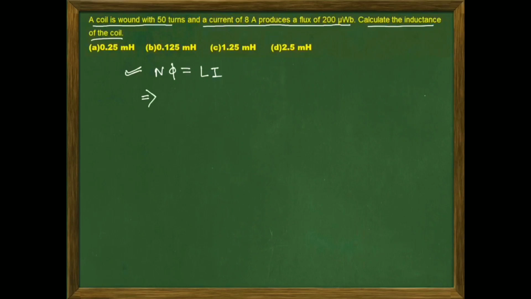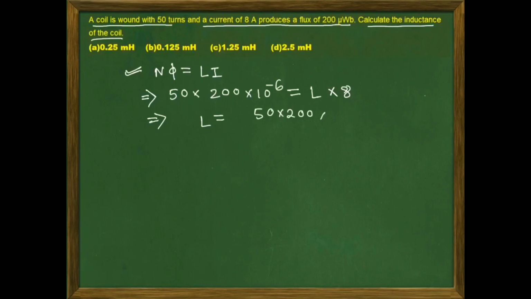Here N is given as 50 turns, and flux is given as 200 micro, that is 10 to the power minus 6 Weber, and the current is given as 8 ampere. So L equals 50 into 200 into 10 to the power minus 6 divided by 8.